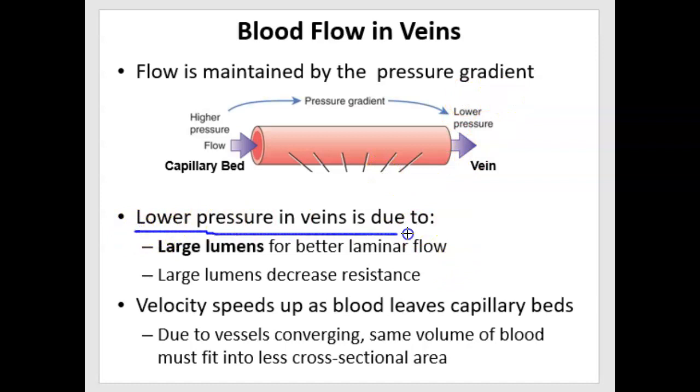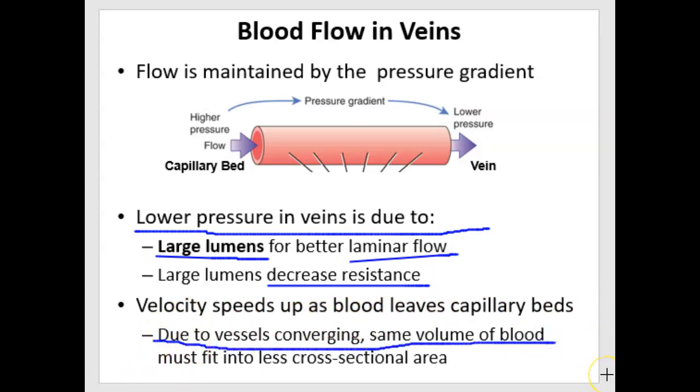The lower pressure in the veins is due to the fact that they have larger lumens for better laminar flow, which decreases resistance. And the velocity speeds up as blood leaves these capillary beds, also due to vessels converging and having the same volume of blood fitting into less cross-sectional area. So it's got to speed up.